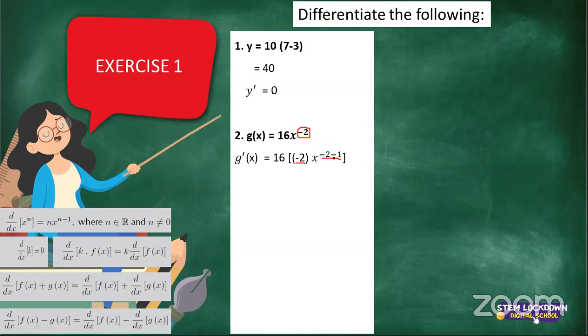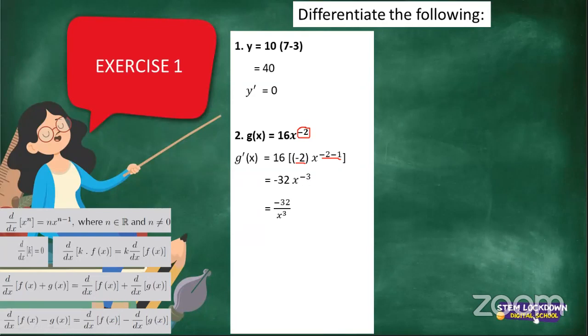What we know is -2, and if you add numbers with the same sign, -2 minus 1 is -3. Then -2 times 16 will give you a negative. So this is what we get: -32, and this will give you x to the power of -3.